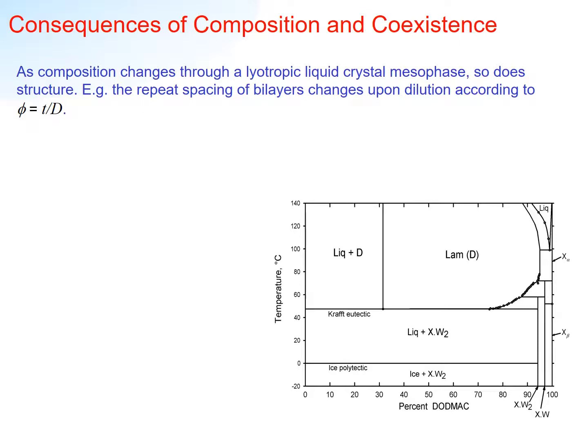In the lamellar phase, dilution from 90 weight percent surfactant in water to 70, 60, 50, 40, etc., adding water increases the separation between the bilayers, but the bilayer thickness remains essentially unchanged. So the relationship between d spacing, composition, and bilayer thickness is given by the equation we've already seen in lectures.